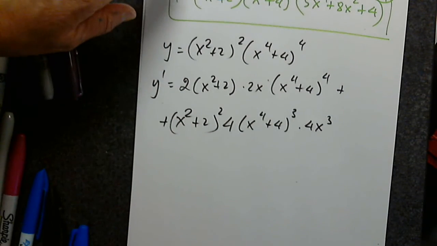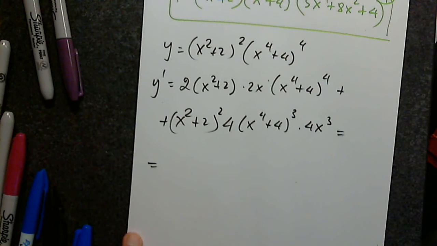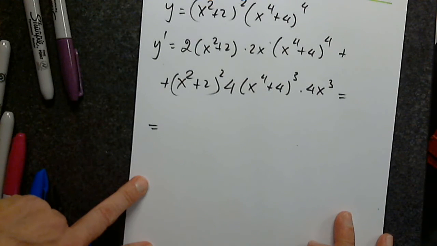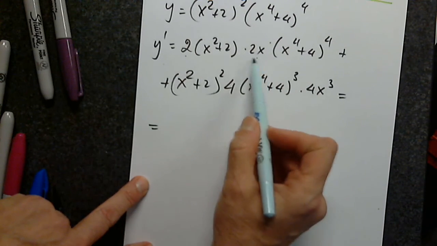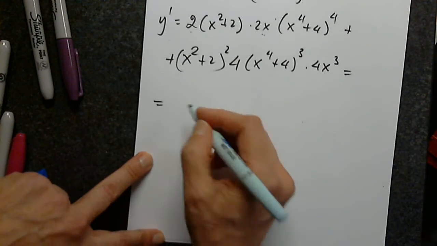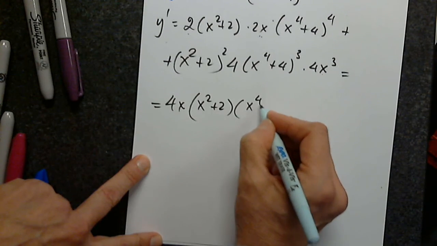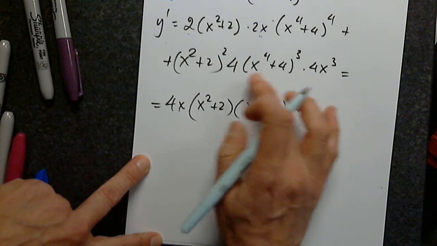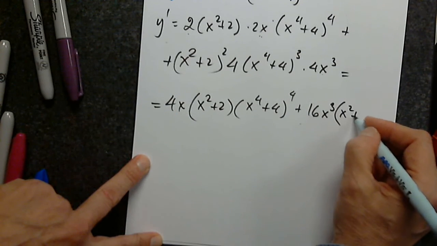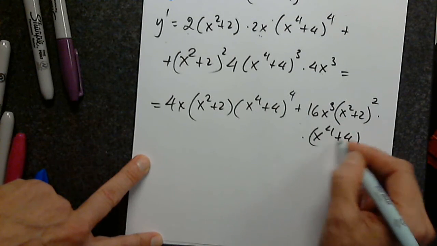So far so good? Okay, so then I will factor out. This is much easier in this case, I think, than applying logarithmic differentiation. So see, I have a 4x from here and a 4x from here. So let me write it one more time: x squared plus 2 times x to the fourth plus 4 to the third times 4x, plus 16x cubed times x squared plus 2 squared times x to the fourth plus 4 to the third.